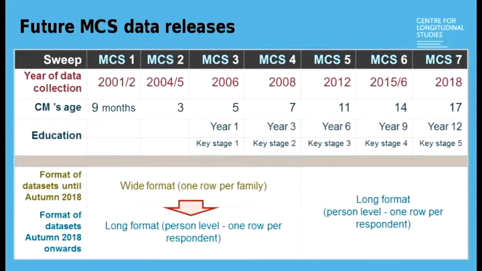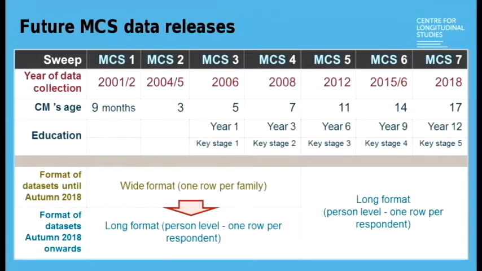So MCS is getting updated. As you know, MCS 5 and MCS 6 have been provided in a long format, which means one row per respondent, whereas MCS 1 to 4 have been provided in a wide format. This is because the focus used to be mostly on the family in early sweeps rather than a specific cohort child, but from now on the cohort member is the main respondent in the survey and takes more part in the interview.